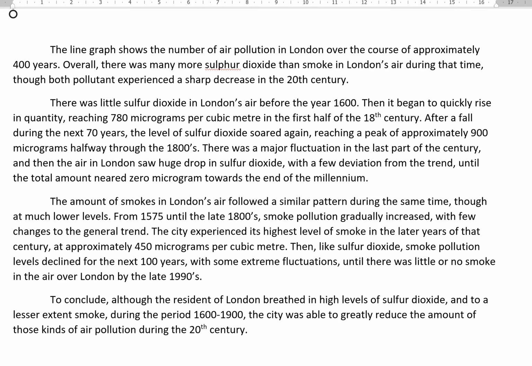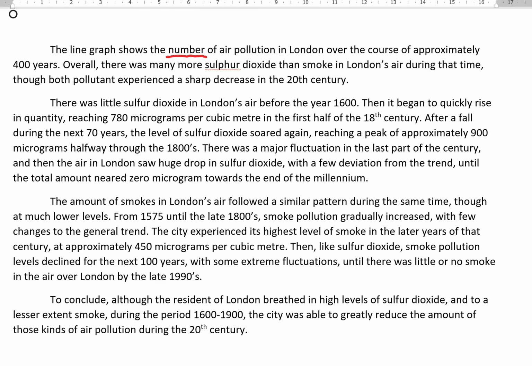Let's start then at the beginning here, and we're going to focus again on nouns and expressions related to count, non-count. And so I'm looking at certain nouns. The line graph shows the number of air pollution. So this is already an issue. Number goes with count nouns, okay?